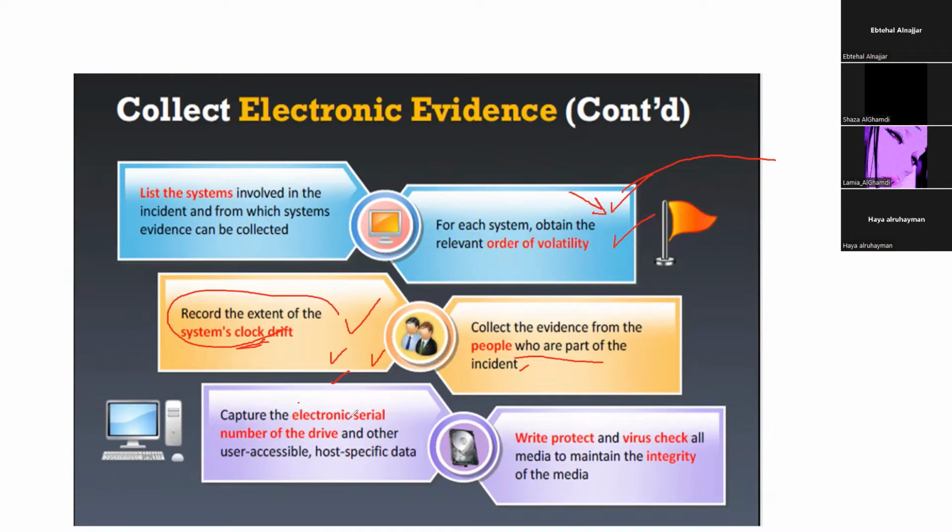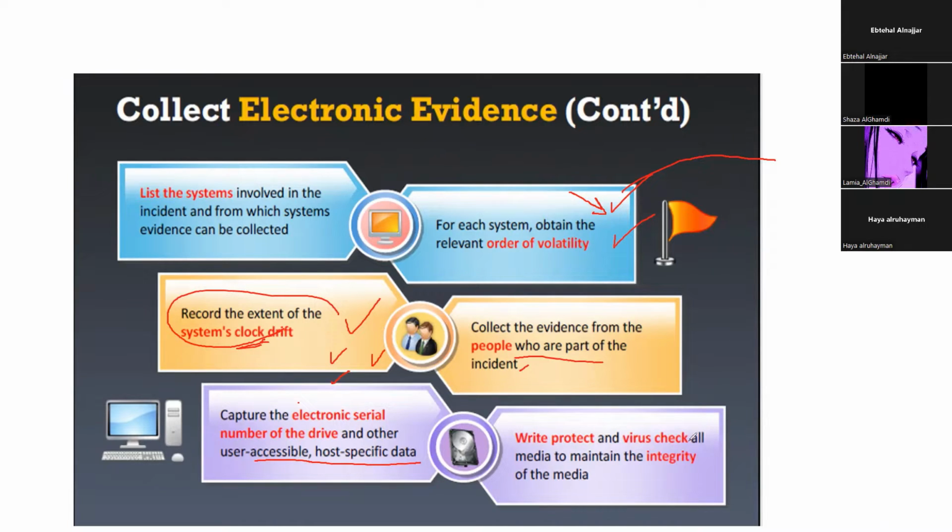Capture the electronic serial of the drive and other user-accessible host-specific data. Basically, if you are looking at a computer or a hard drive, take a screenshot of the serial number, and the serial number for the laptop is also important.